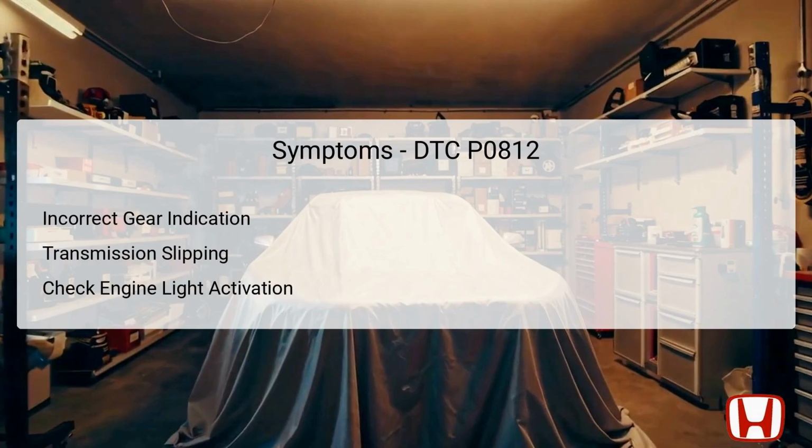Another key symptom includes the illumination of the check engine light, CEL, which serves as an alert to underlying malfunctioning systems. These symptoms not only compromise driving safety, but can also contribute to further mechanical damage if left unaddressed, thus necessitating prompt diagnostic and remedial action.